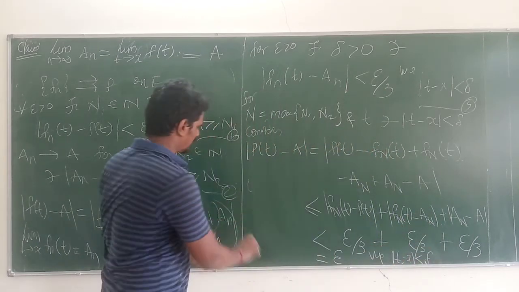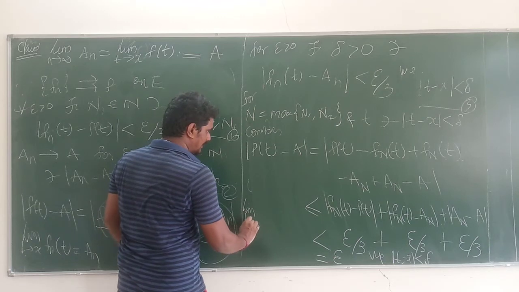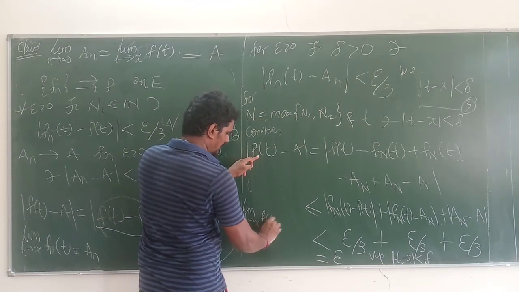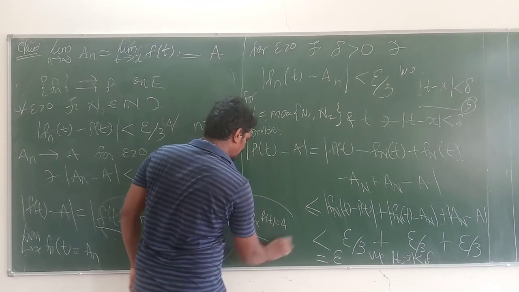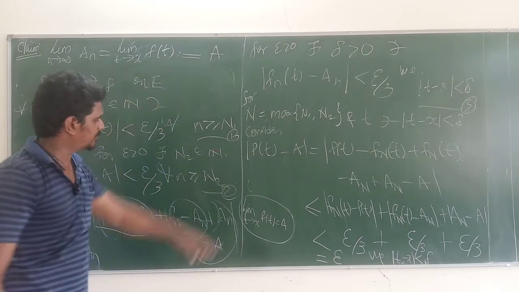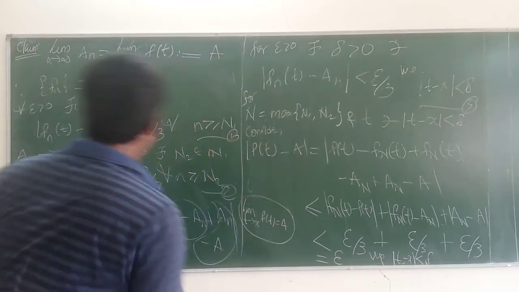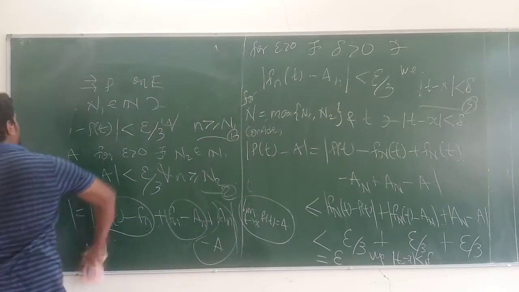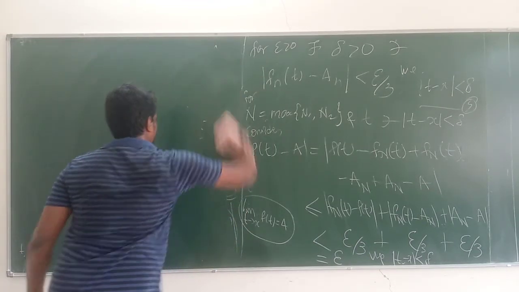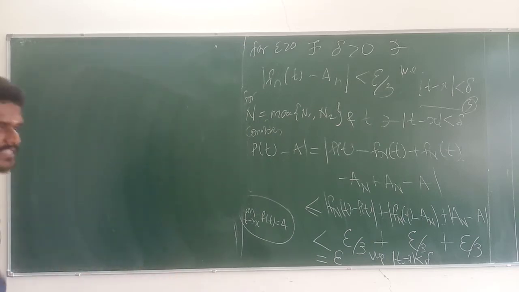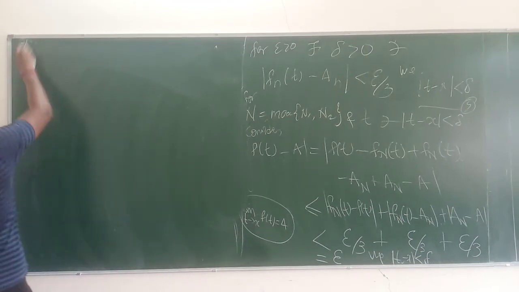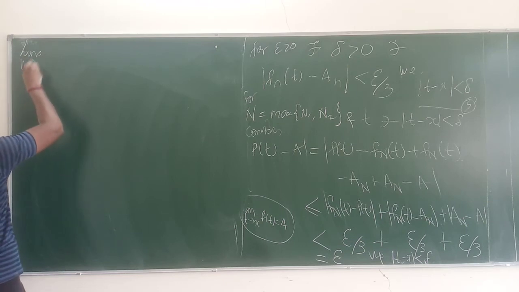So that means limit t goes to x of f of t is A. So what we have proved here is that switching of limits is possible, switching of this kind of limits.